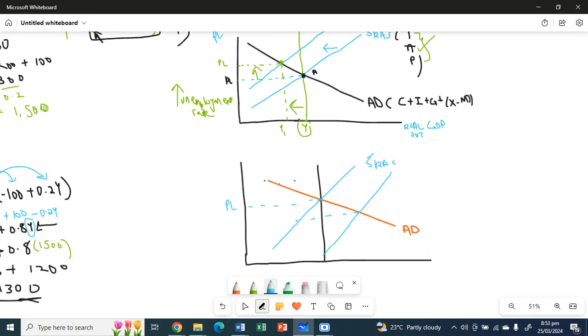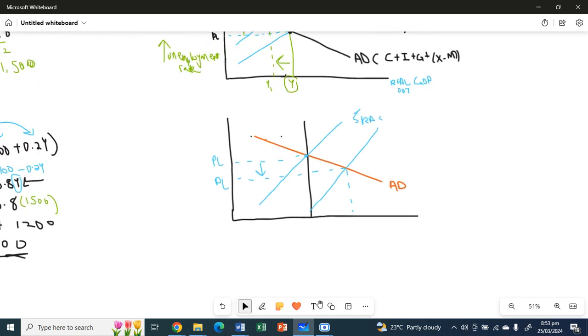Due to this shift, we have the price level going down. So we have an increase in our real GDP output.